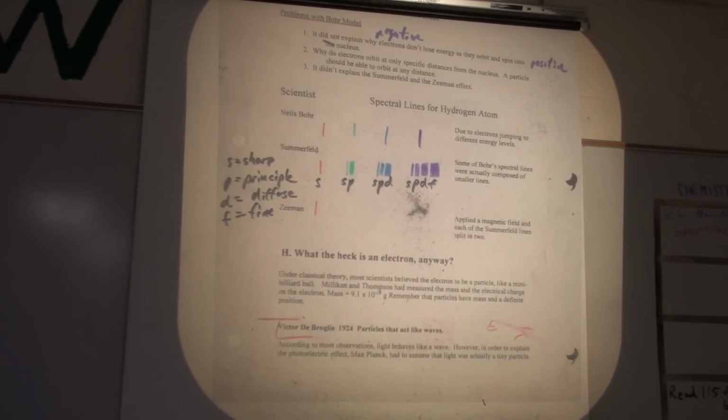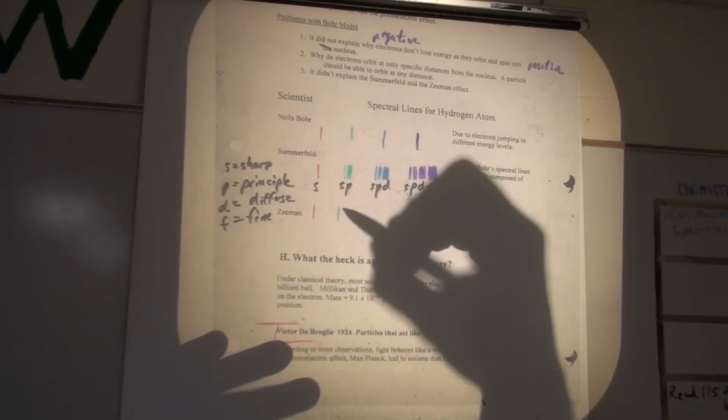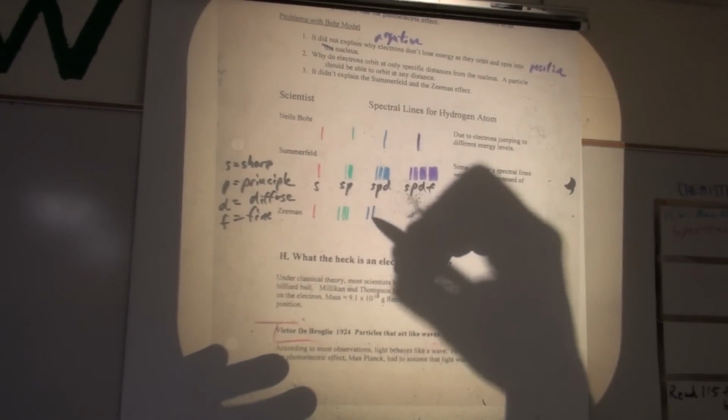And when you applied a magnet to it, the S line always stayed as a single line. But the P line always split into three.